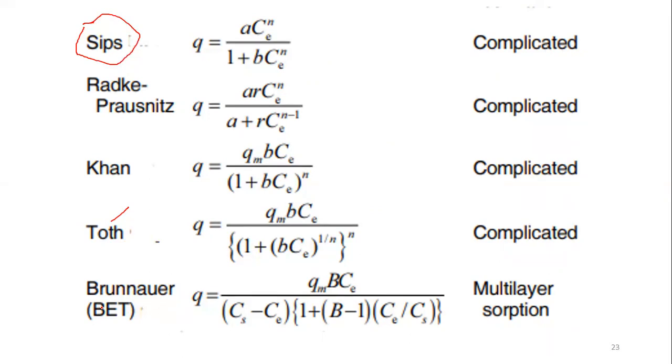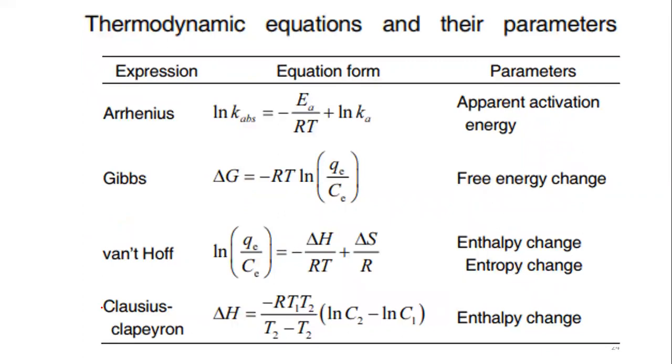I'm just touching on them so that if you perform an experiment and are interested in implementing the models on your data, you can use them. Quite straightforward. The thermodynamic equations that you use are the Arrhenius, Gibbs, van't Hoff, and Clausius-Clapeyron equations.